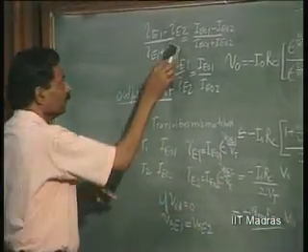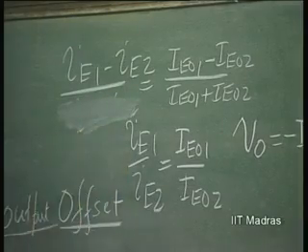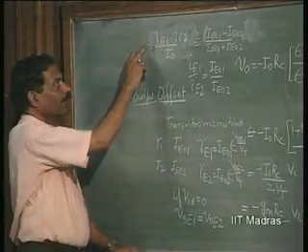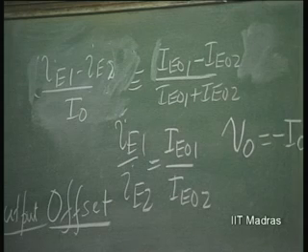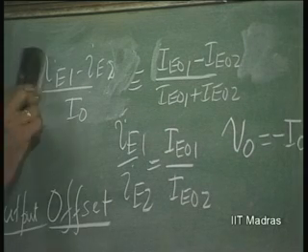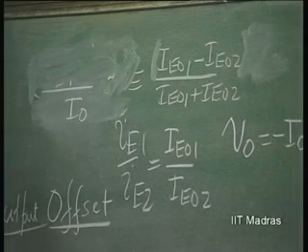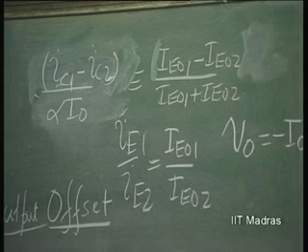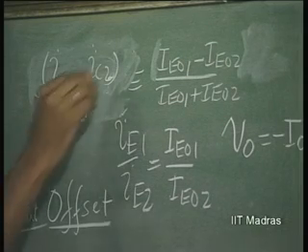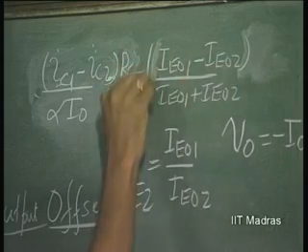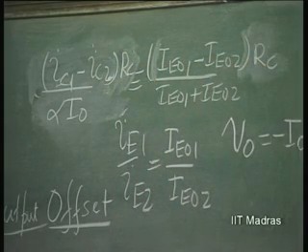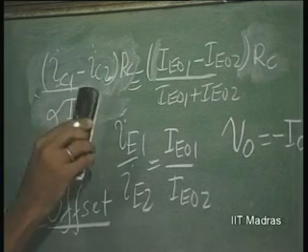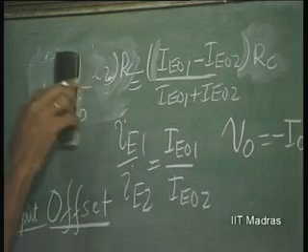That is always equal to I naught, and IE1 minus IE2 is equal to IC1 minus IC2 by alpha. IC1 minus IC2 into RC is equal to minus V naught, that we had already written earlier.